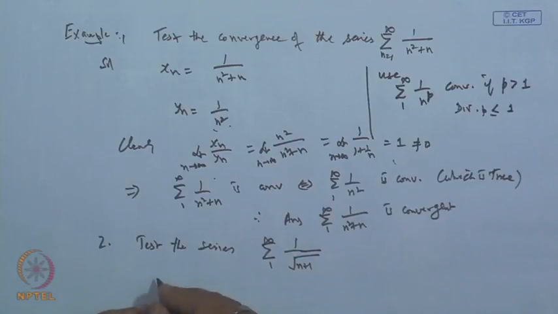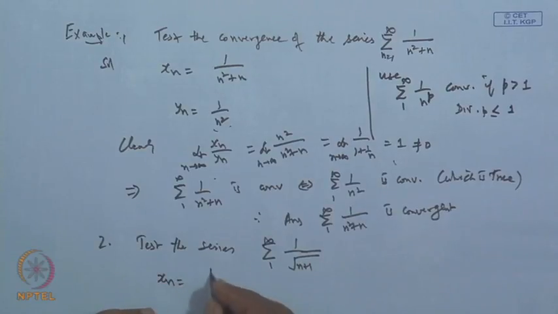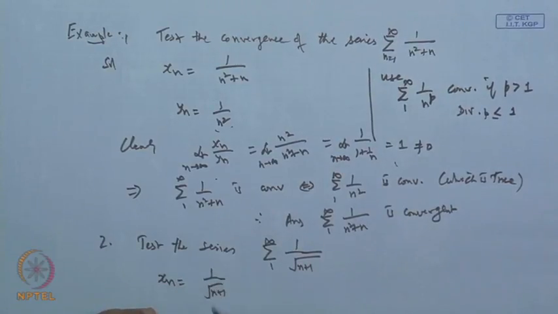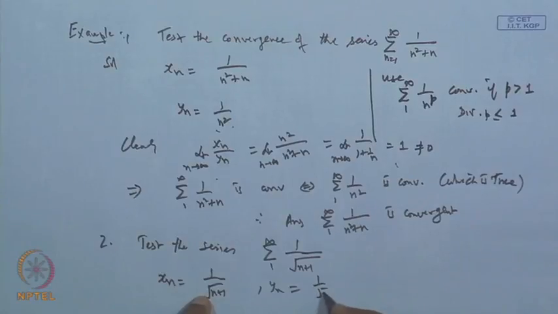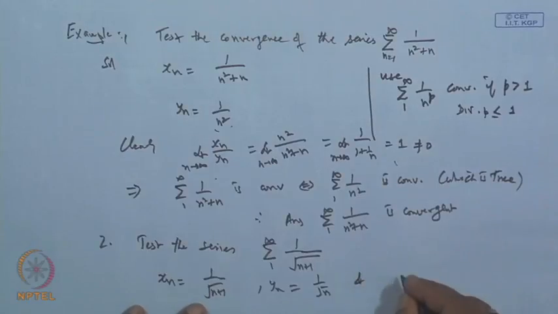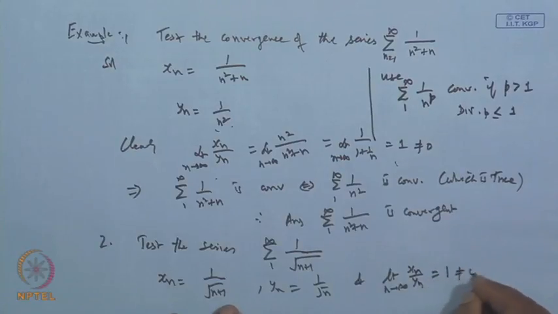Let us choose x n as 1 over root n plus 1. Then for y n you take the highest power term, which when taken outside becomes 1 by root n. The limit of x n over y n will come out to be 1, which is different from 0, if you take root n and divide.